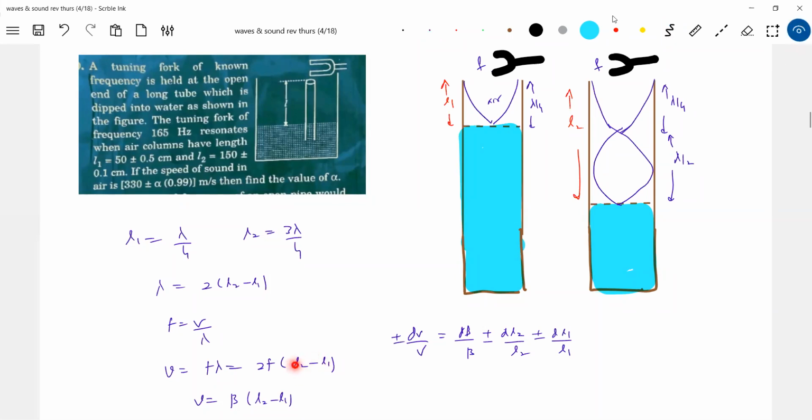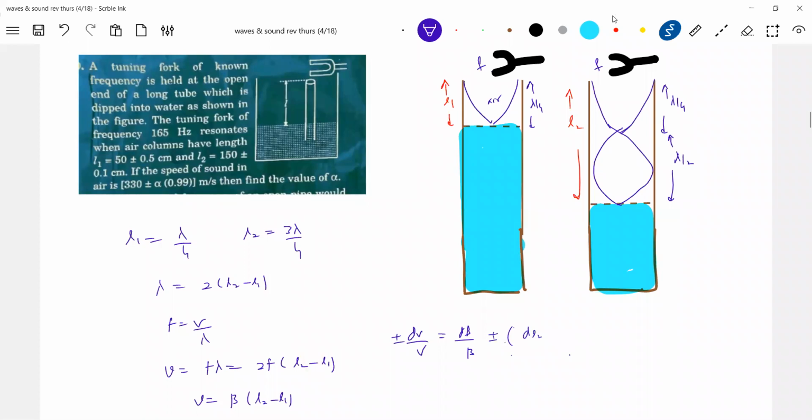These are two quantities we are subtracting. When you subtract, what will happen there? Relative errors are not additive. I should not write in this way. Of course, this is one quantity. Treat that L2 minus L1 as one quantity. So then what are we going to write?